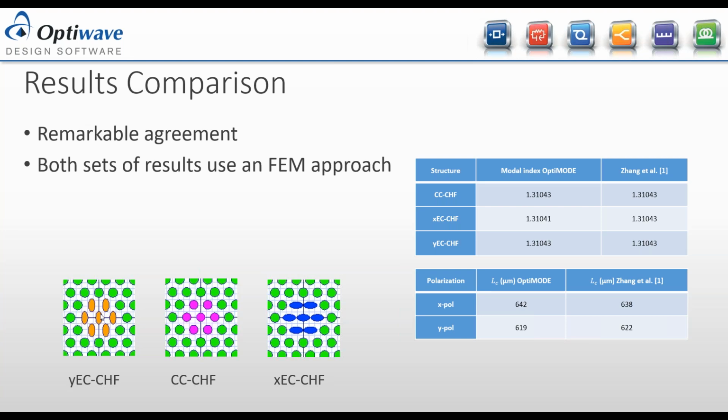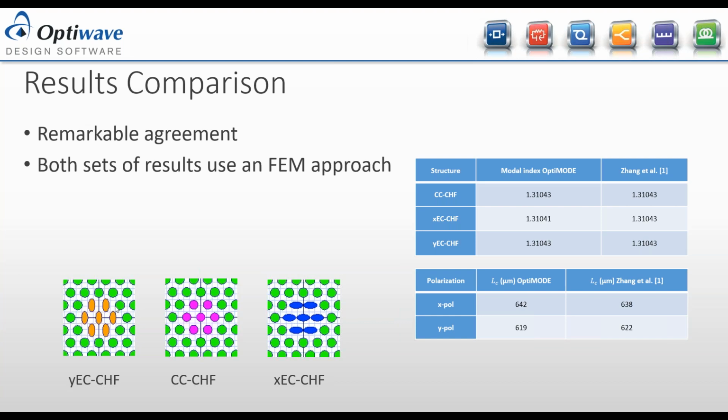So Zhang et al. tried to design these ellipses and other cores, and the circle cores, to get the same propagation constant or same modal index. And they achieved that pretty well by designing the ratio of the max diameter and the min diameter of these structures.